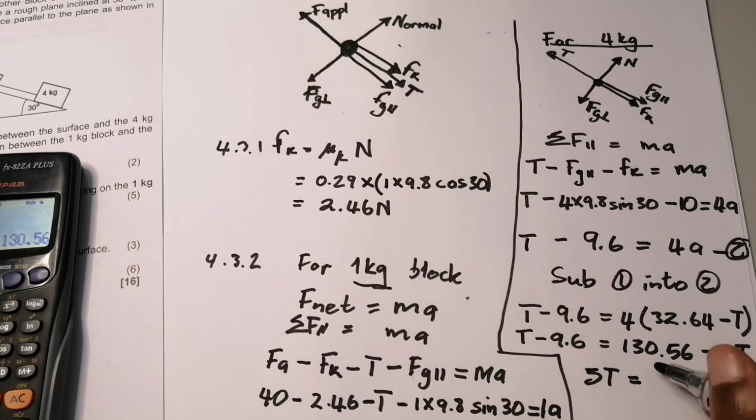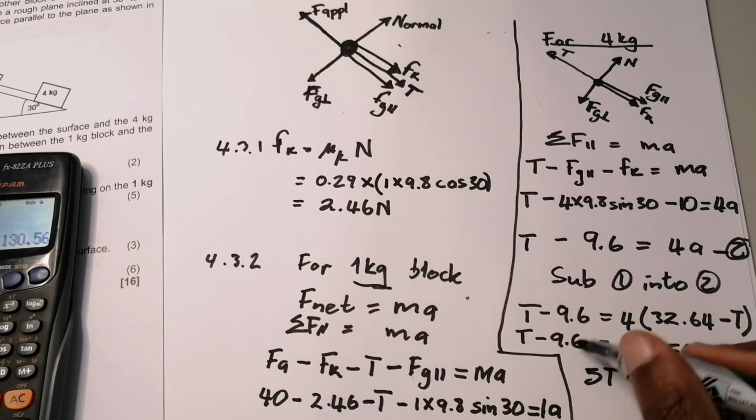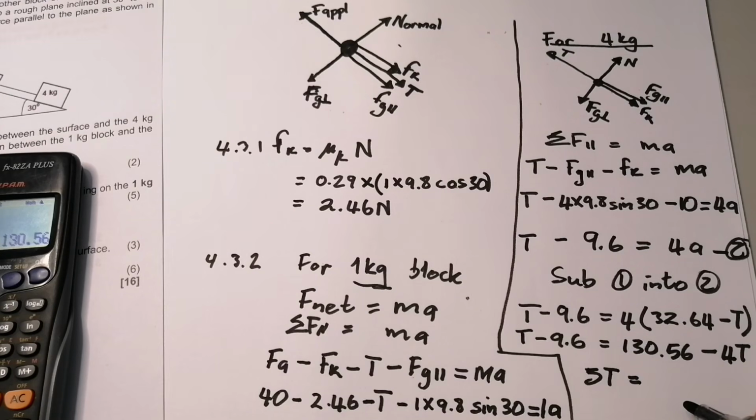And then if I take this to the other side, it also becomes positive. So I've got 130.56 plus 9.6. And then we divide both sides by 5. Please, you can verify that for me, ladies and gents.